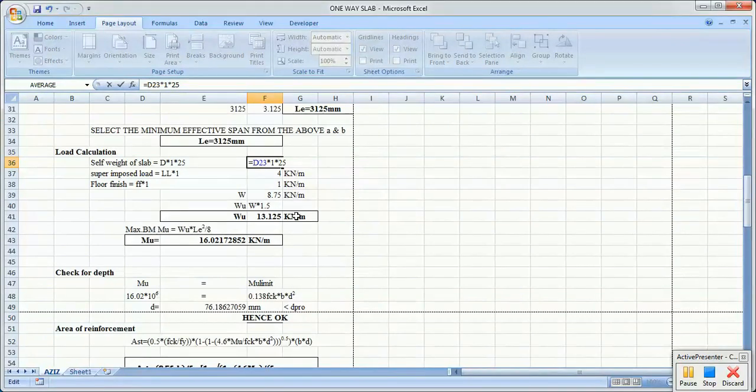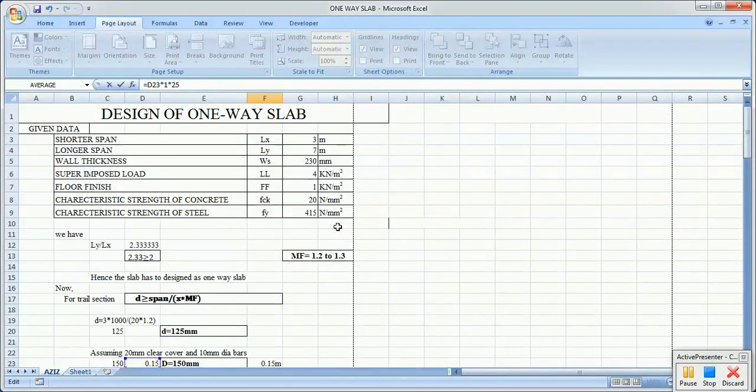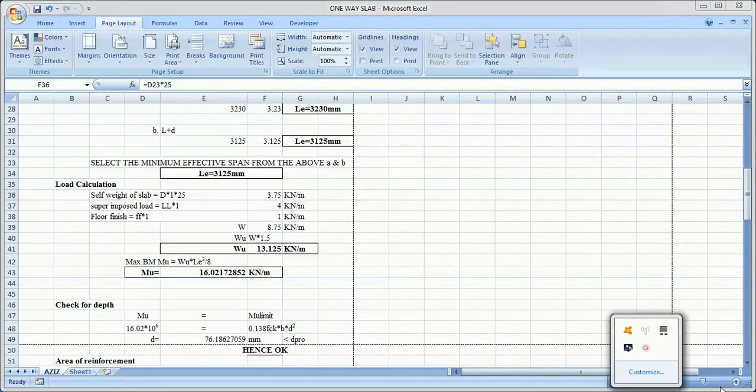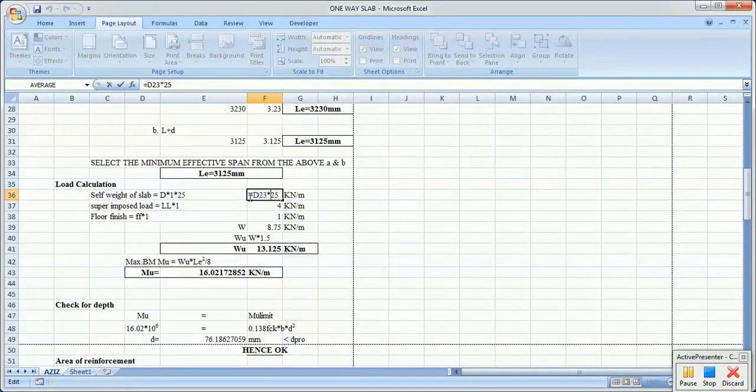I think here it is not considered, so here you have to consider the total depth into per meter length, per meter width, into 25. Okay, sorry. So here you have to multiply 1 into 1. So enter. That is 1 is perimeter length I have multiplied into density is 25.